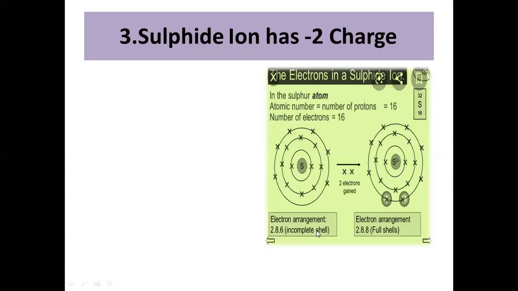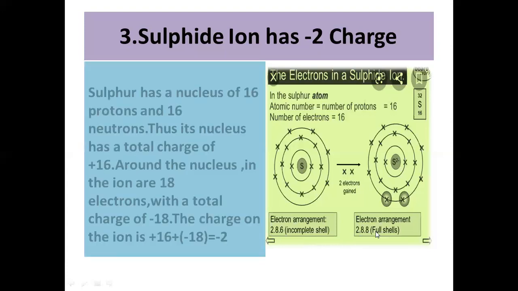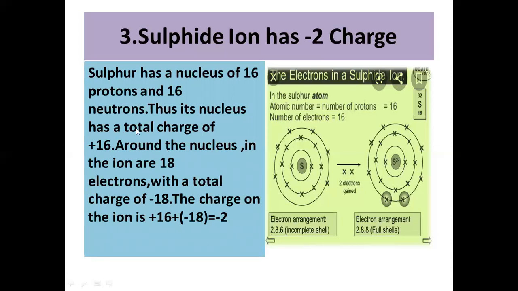It is an incomplete shell. To complete this shell, it will gain 2 electrons, and you can see it is now a complete, full shell. Sulfur has a nucleus of 16 protons and 16 neutrons, so its nucleus has a total charge of +16. Around the nucleus in the ion there are 18 electrons with a total charge of -18.